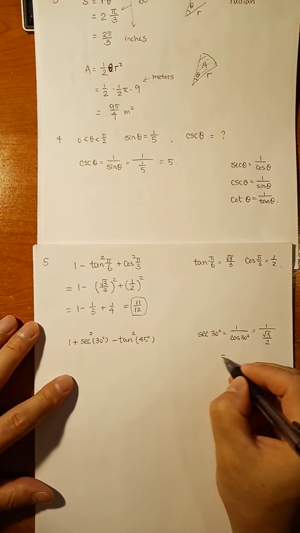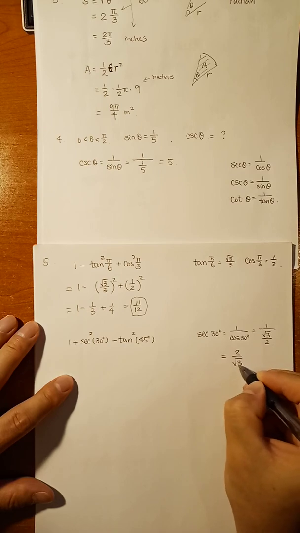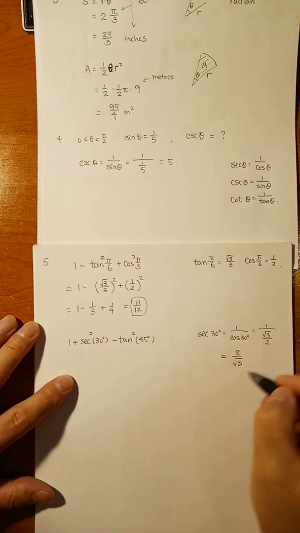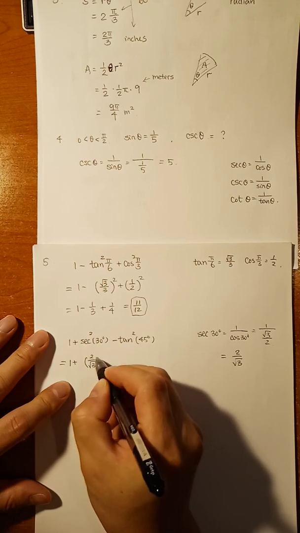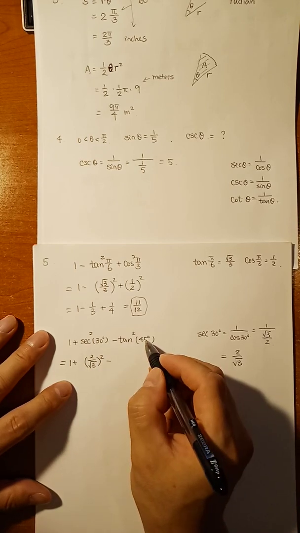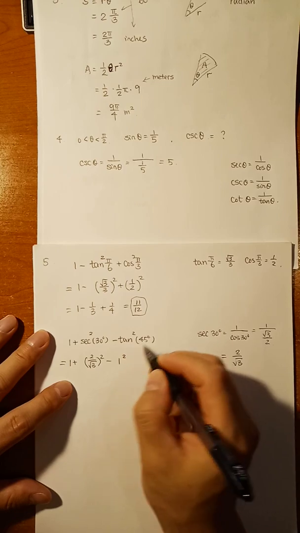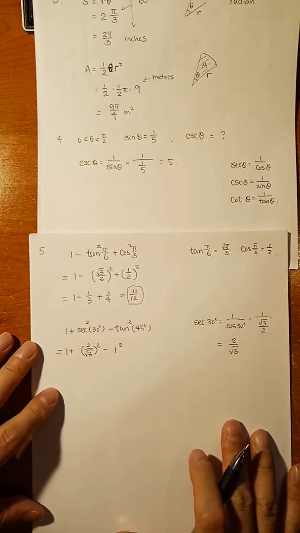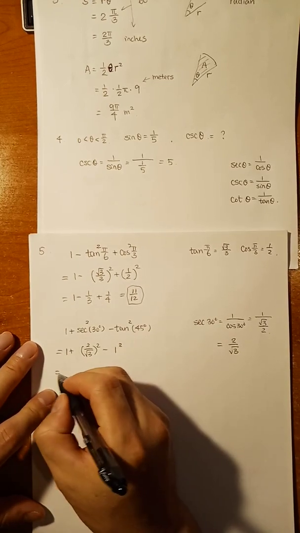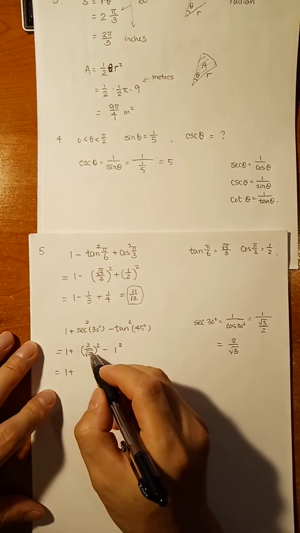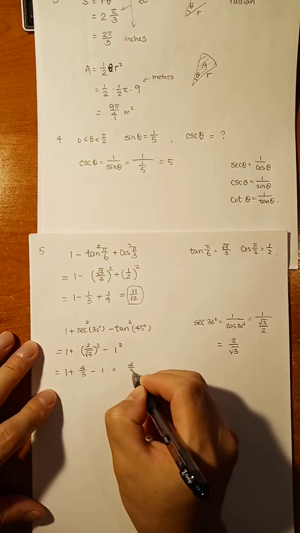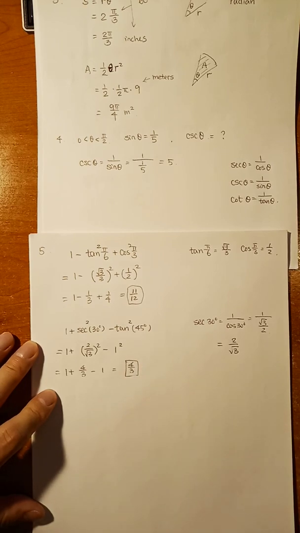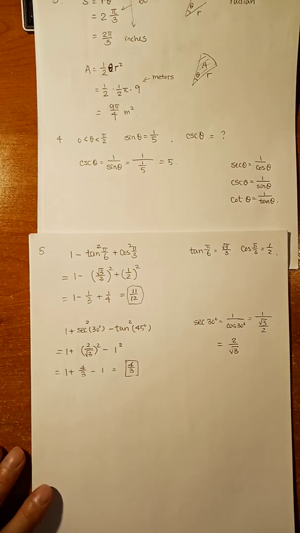So secant 30 degrees is 2 over square root of 3. And then you square it. Tangent 45 degrees is 1. So this is 1 plus 4 over 3 minus 1. It's 4 over 3. That's it.